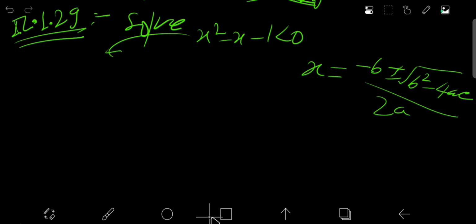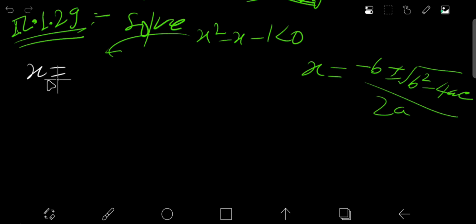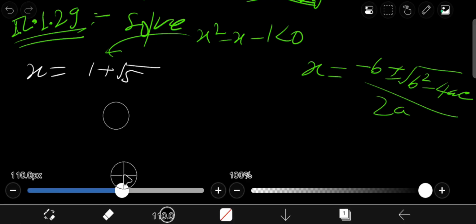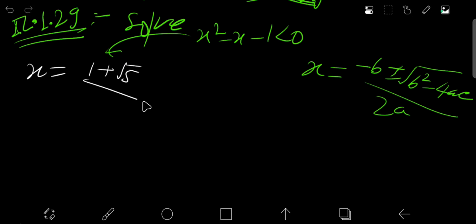The first root is x equal to 1 plus square root 5 divided by 2, and the second root is 1 minus square root 5 divided by 2.